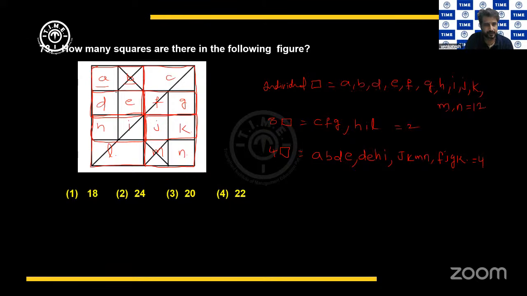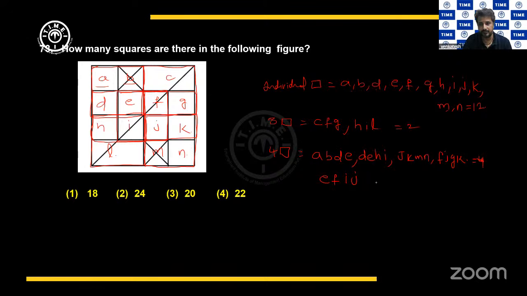Now, look carefully. We have taken D, E, H, I and F, G, J, K individually, but I can take the middle one, E, F, I, J, can also be taken. Now, how many are there?